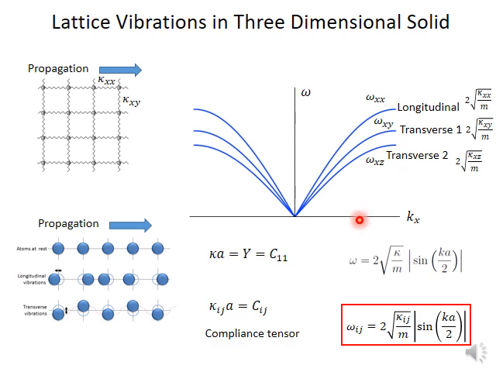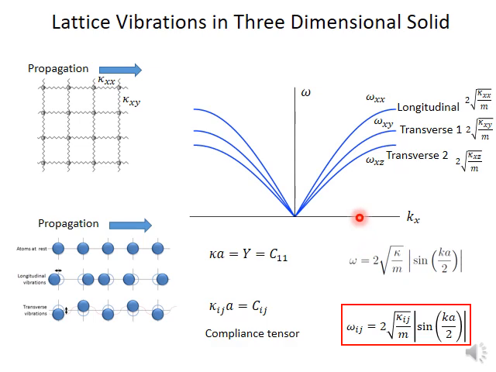Now you can talk about each k, the wave vector, along any direction. If you are talking about ky, for example, then the y displacement would become longitudinal, and so on. It depends on which propagation you are considering, whether along x or along y. If you're considering propagation of the wave along y, then this would become ky.